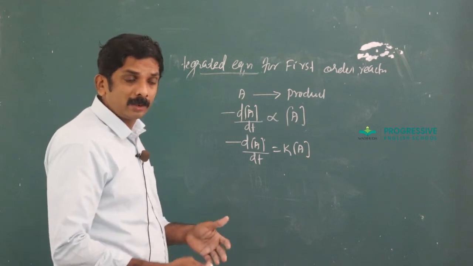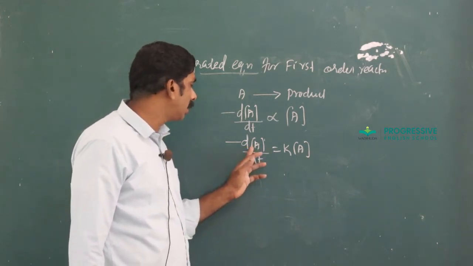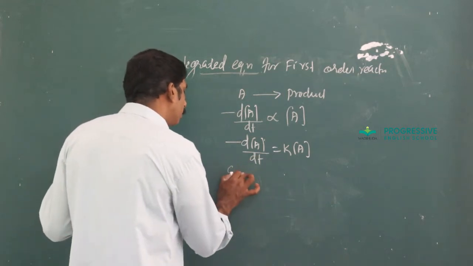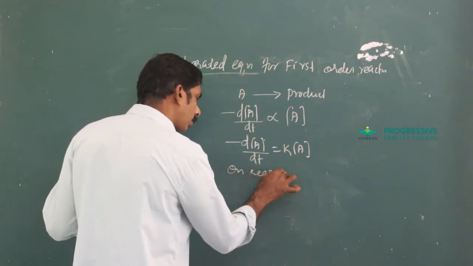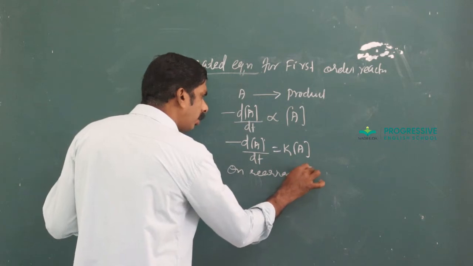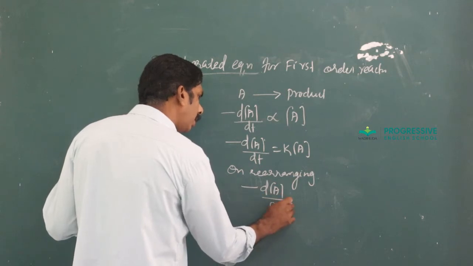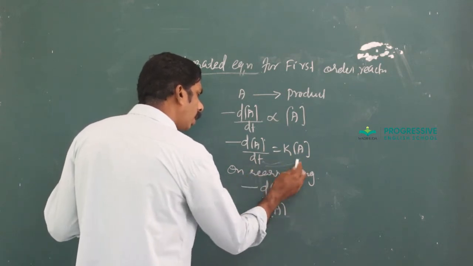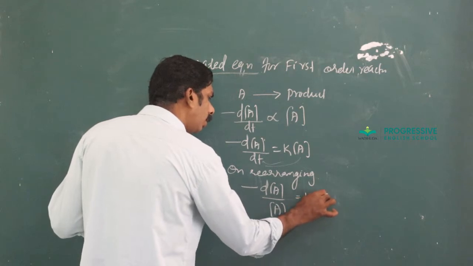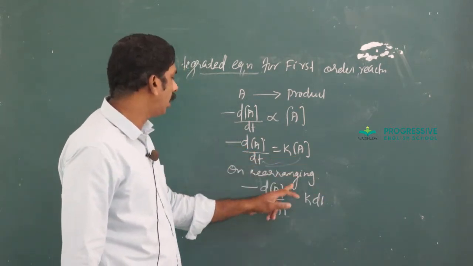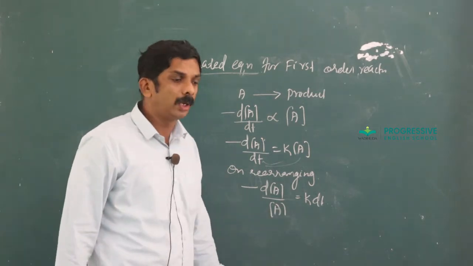On rearranging, like terms on the same side, here there is dA, here it is A. On rearranging this equation, minus dA by A equal to K into dt.